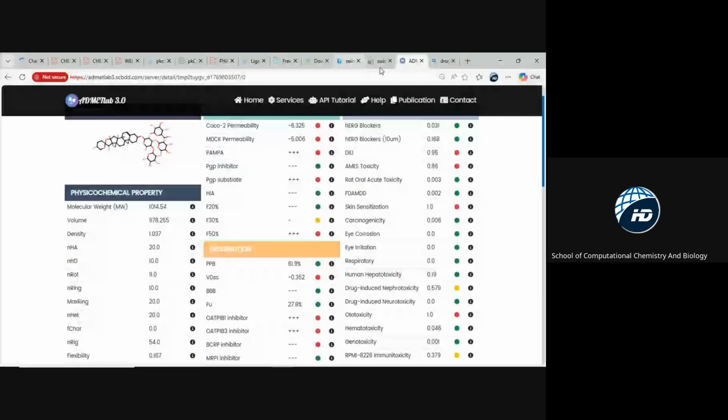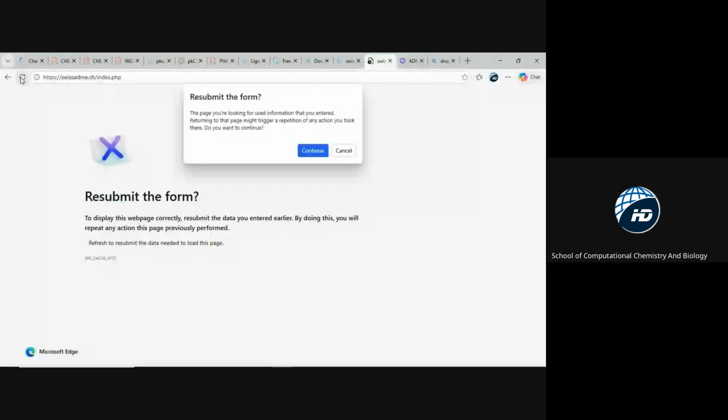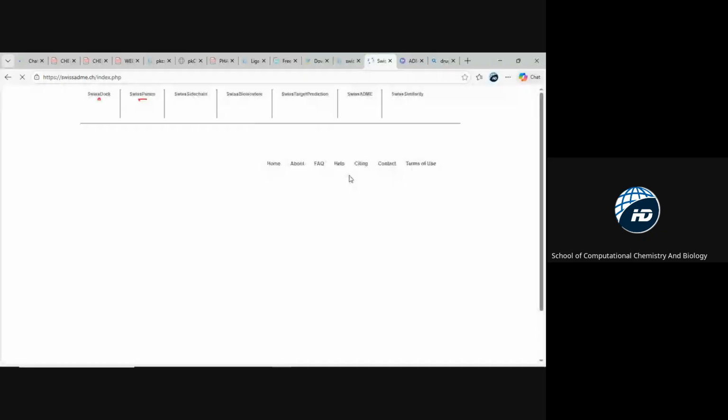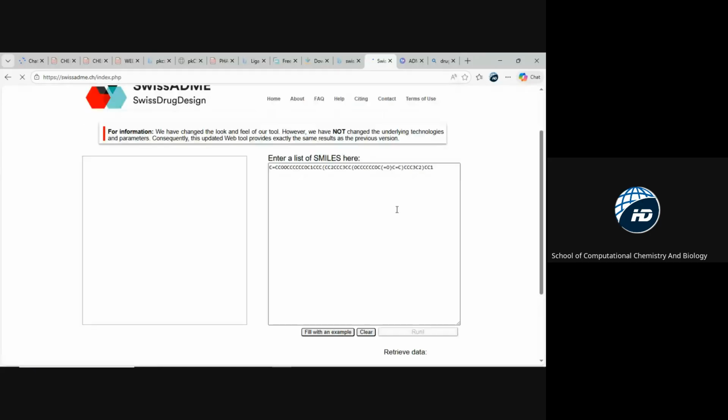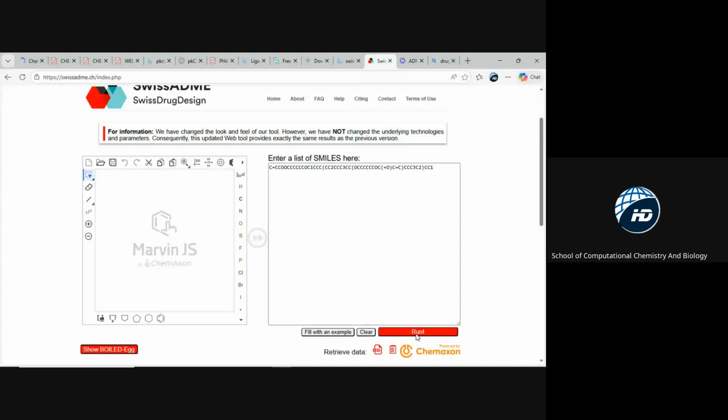Molar refractivity is supposed to be under physicochemical properties. So if we can't get it here, it means that it will come in from Swiss ADMET. Okay, you can get that one from Swiss ADMET.